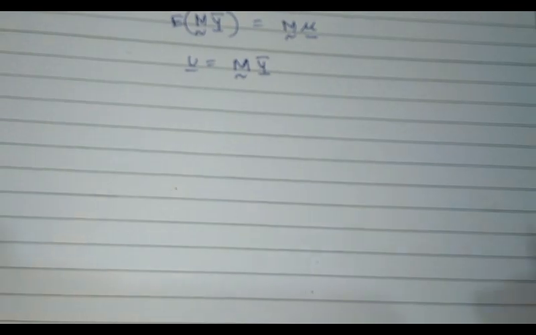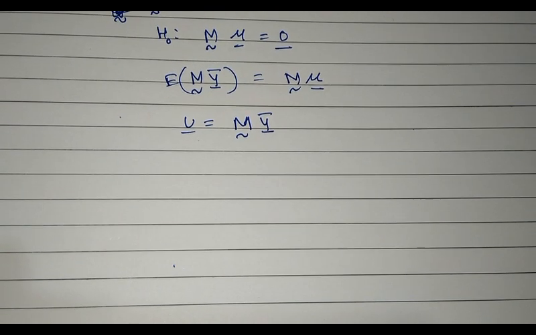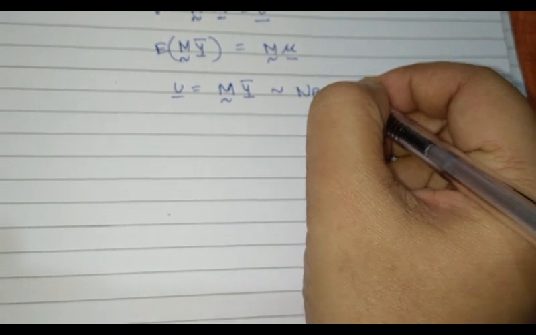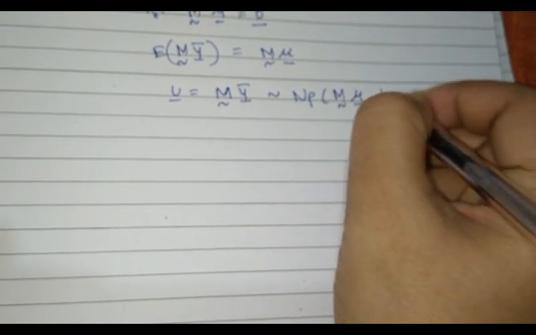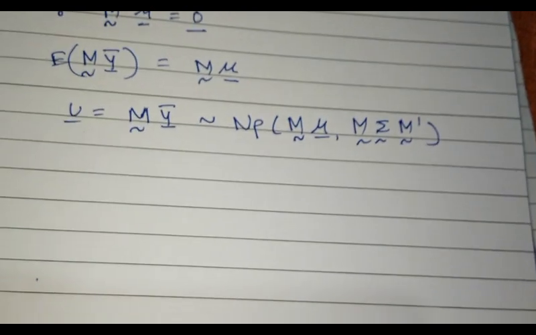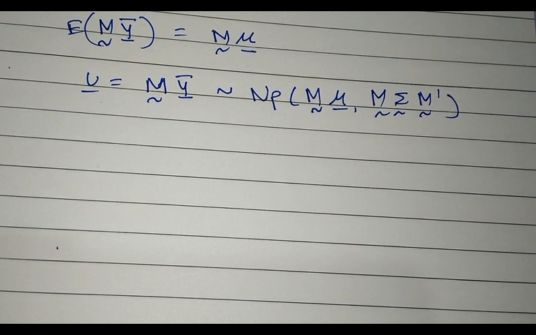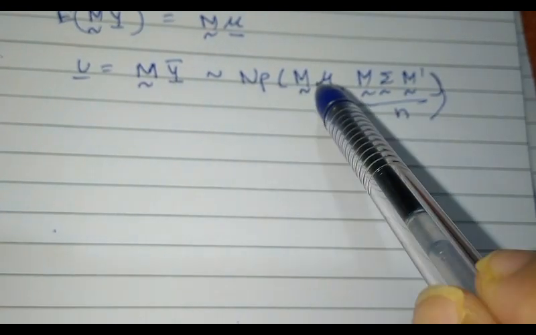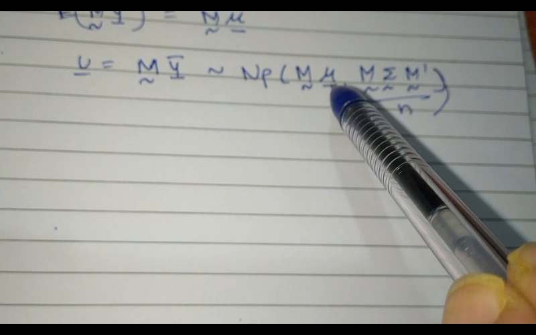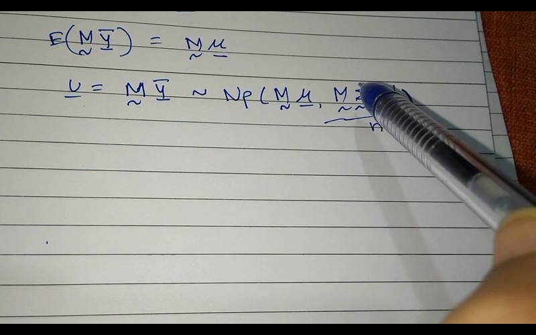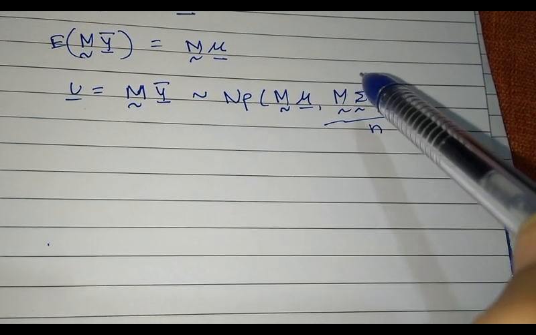So my U is now M y bar. Okay, my U is M y bar, and we know from the theory of multivariate normal that this will have p-variate normal distribution with mean M mu and variance covariance matrix M sigma M prime. Okay, M y bar will have p-variate normal distribution, of course by n is here. M y bar will have p-variate normal distribution with M mu and variance covariance matrix M sigma M prime upon n, because y bar has variance covariance matrix sigma by n.